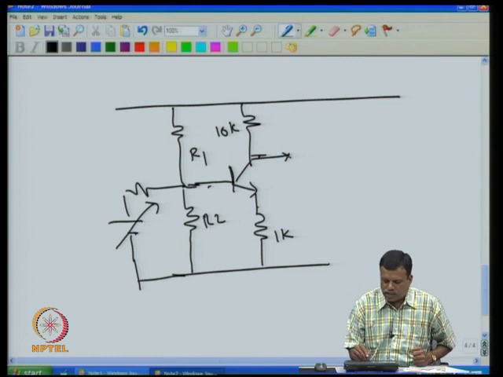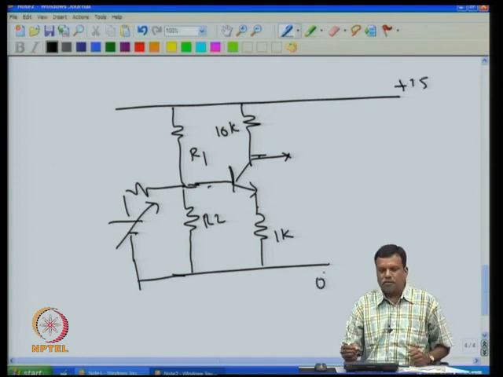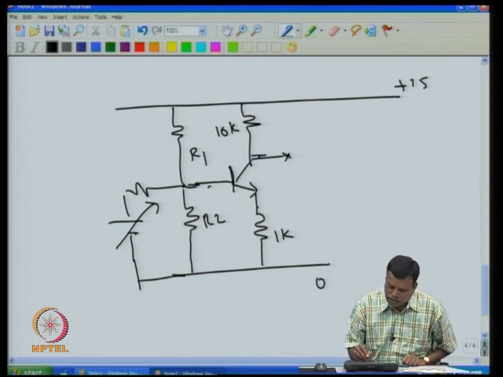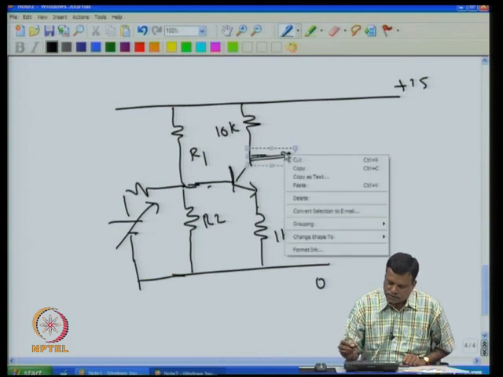So by looking at this voltage, I can say what voltage is applied here. This looks fine from a theoretical point of view. However, when they were using this, they found the voltage at this point was changing even if the supply voltage was changing.